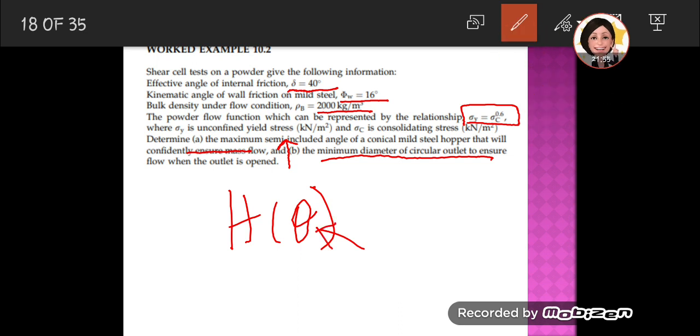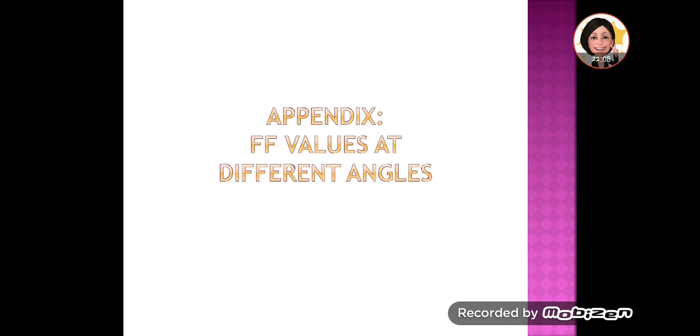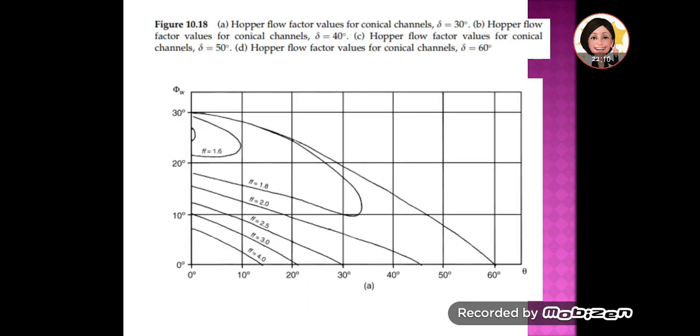To do that, we need a set of figures, which I'm going to show you now, and it is actually present in the appendix part of the lecture. Okay, it's here. So it's actually known as hopper flow factor values for conical channels at different angles.